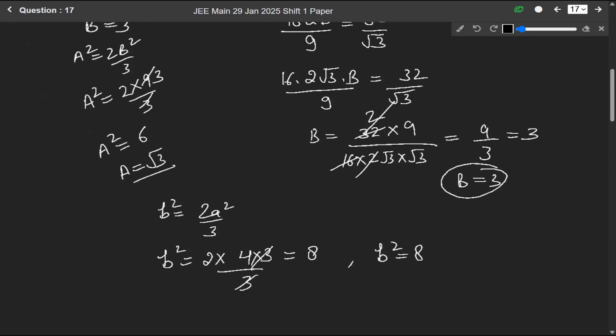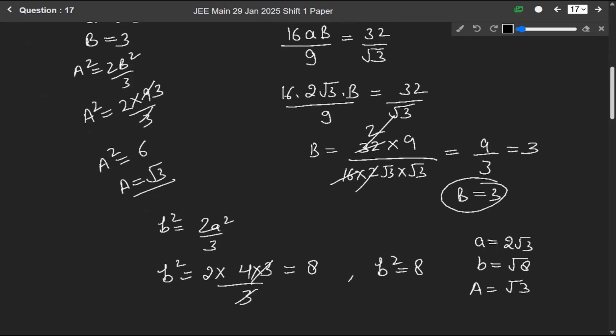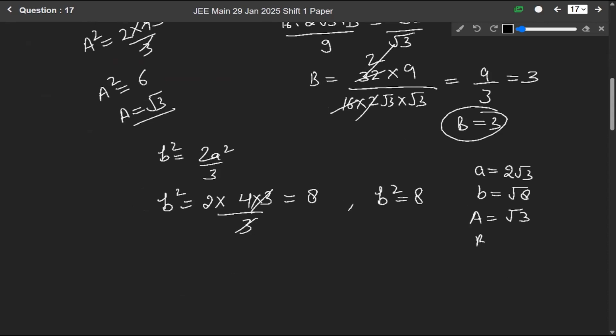Okay, b square is 8. So a is 2 root 3, b is under root of 8, a is root 6, and capital B is 3.